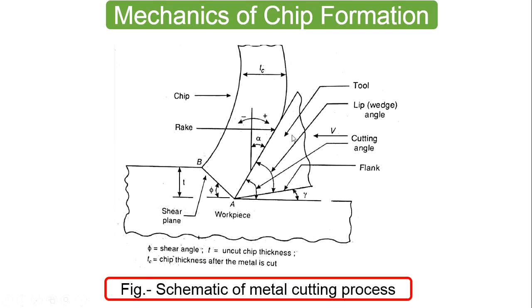So what is a single point cutting tool operation? Turning is a single point cutting tool operation, then facing is a single point cutting tool operation. For multi point cutting tools, we can have drilling as a multi point cutting tool operation, and milling is a multi point cutting tool operation. So this mechanics of chip formation is applicable to the single point cutting tool as well as the multi point cutting tool.